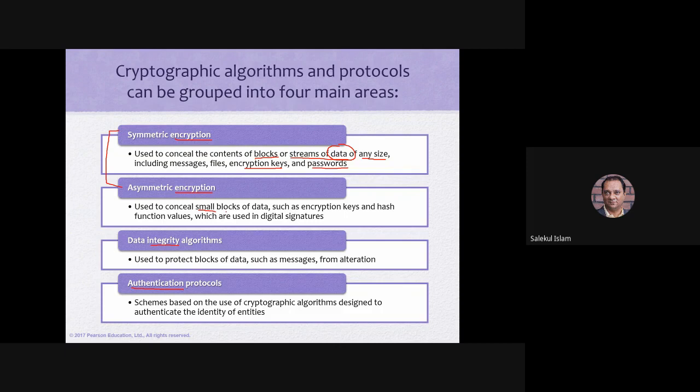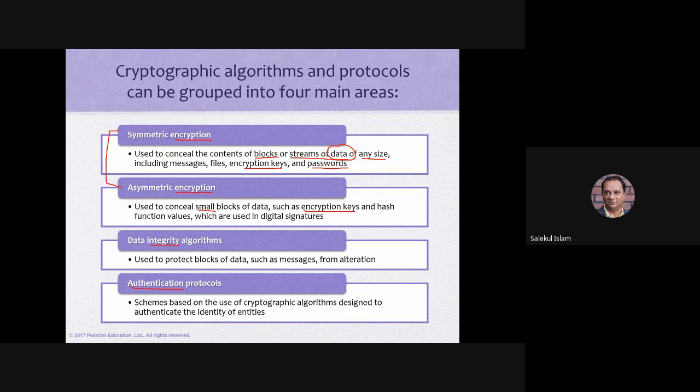Small blocks of data, such as only the encryption key itself, just the key, or maybe you have calculated a hash. The output of a hash is always a fixed small size, maybe 256 bit or 64 bit, something like that. Asymmetric encryption is used just to encrypt that output of the hash.